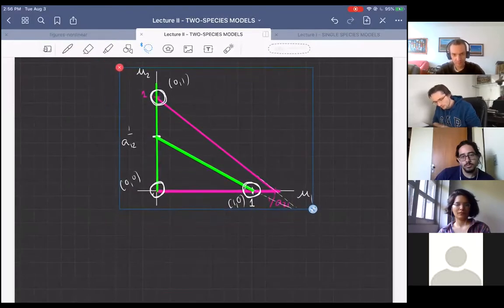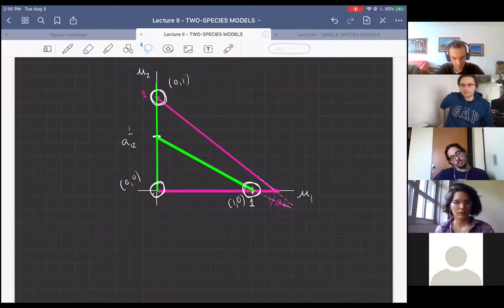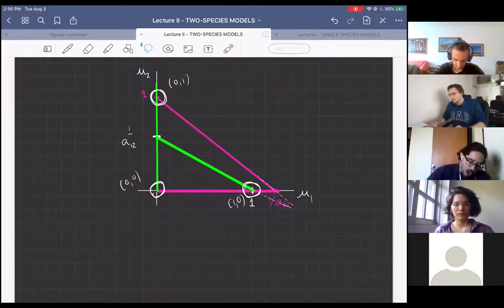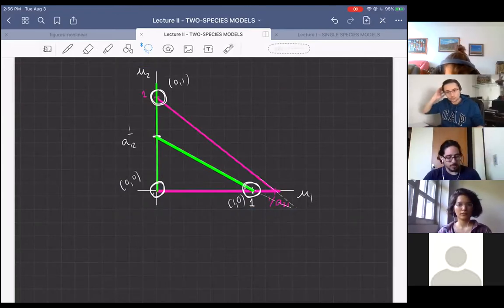Let's now try to use this same graphical analysis to get an idea of the stability of these fixed points, which are the ones that we want to study.